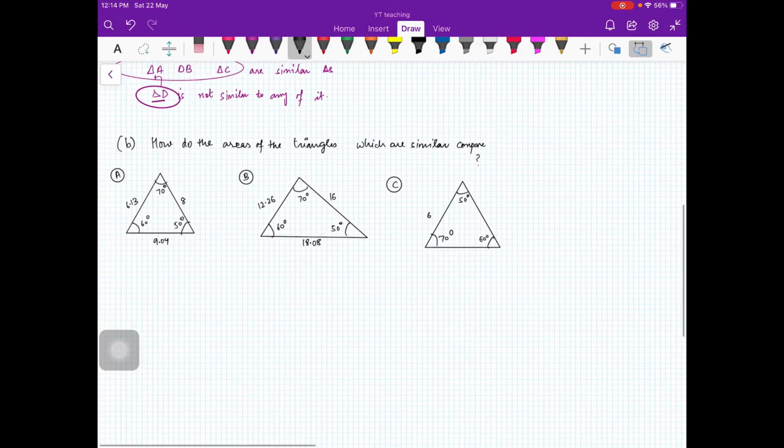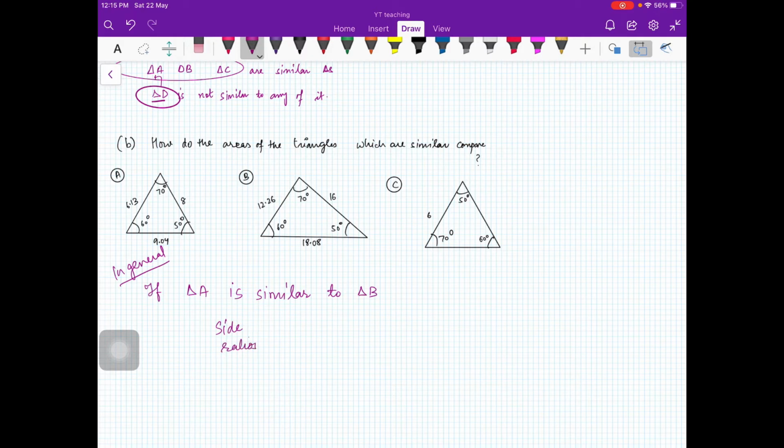Let me tell you, if triangle A is similar to triangle B, this is in general, not related to this particular question, it means that side ratios are equal. Whatever test you apply, whether the angle test or side ratios, ultimately if they are similar triangles, the side ratios are going to be equal.